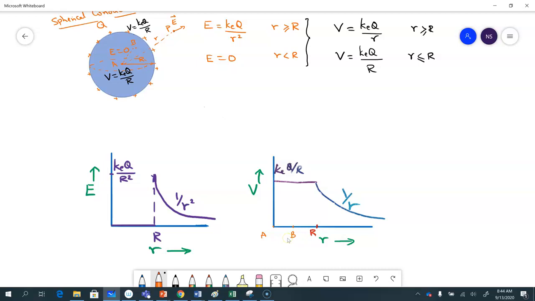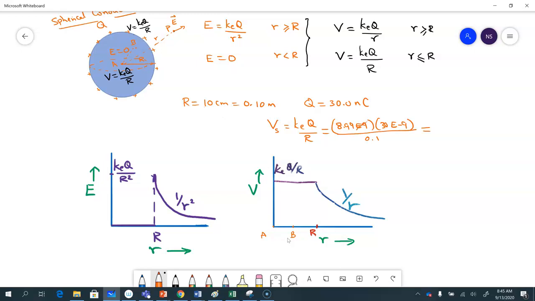So say, for example, my radius R was 10 centimeters. I'm just taking some simple values here. So 0.1 meters. Suppose I put a total charge Q of 30 nanocoulombs. Then my potential at the surface is KEQ divided by capital R. So that's 8.99 times 10 to the 9, and then Q is 30 nanocoulombs, divided by R, which is 0.1 meters.